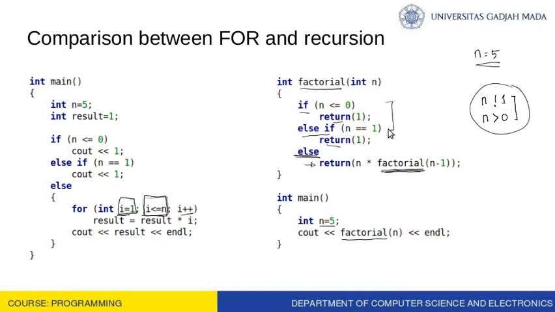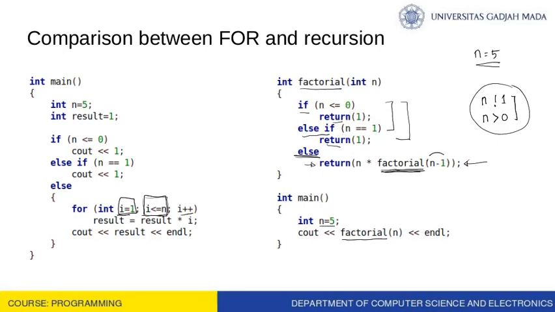So this will be the stopping condition. If we don't have these, or maybe only one condition is also okay, then the loop will go infinity. Okay, so this is very important. This is for stopping the recursion, and this is the recursion itself.